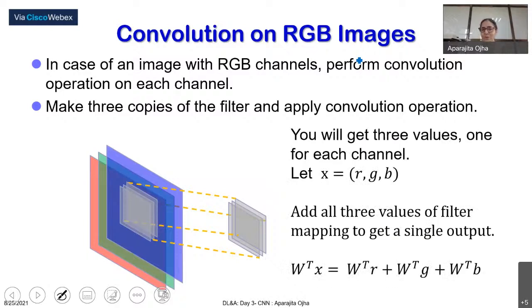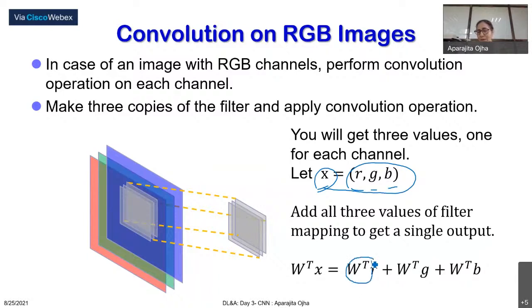Now you will get 3 values, one for each channel. Like suppose an image block is X, and X is having R channel, G channel, B channel, right? Red, green and blue. Add all 3 values of the filter mapping to get a single output. So what I do here is I'm calculating W transpose R exactly in the same way as I did before.